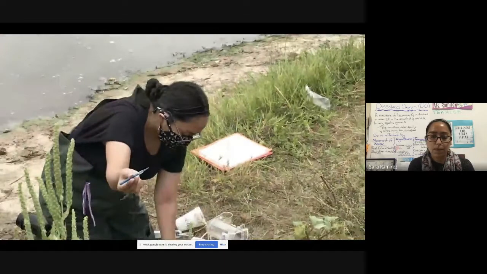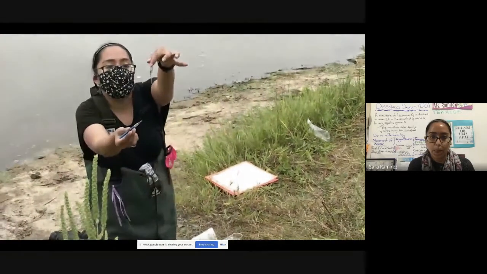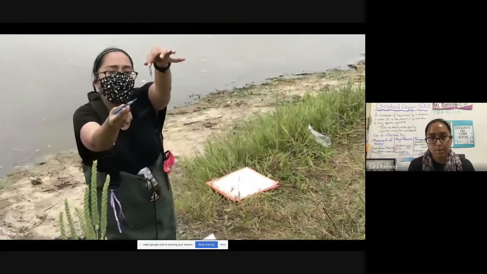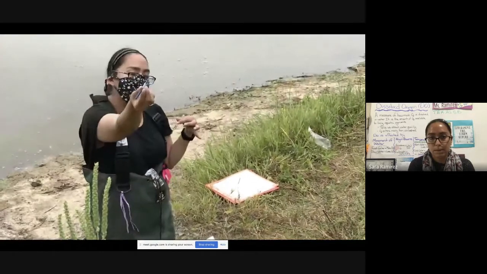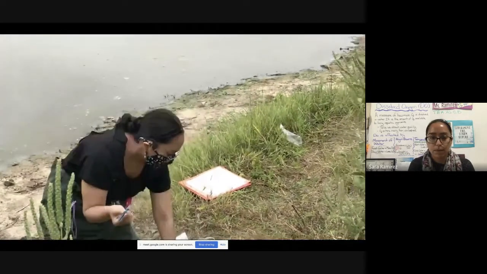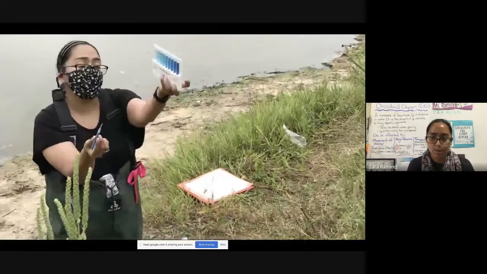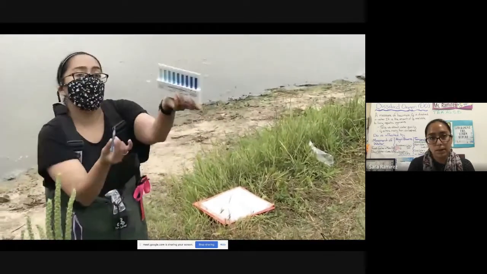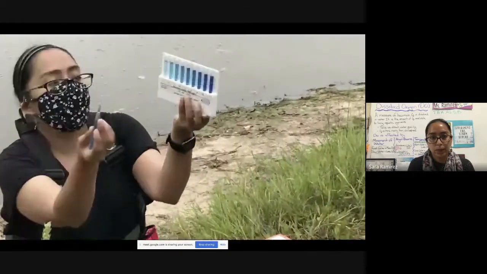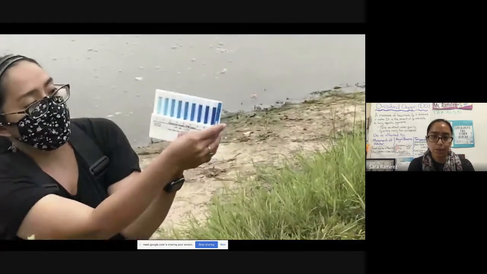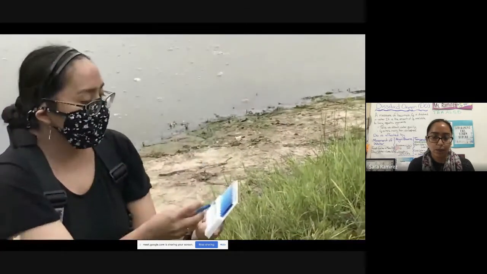So remember, our ampule looked like this before. It had that kind of yellowish liquid inside, and now we can see it's kind of turned blue. The way the test kit works, there's a set of known dissolved oxygen samples here. So all we have to do is just take our ampule and match it with one of these ampules. So let's compare these.